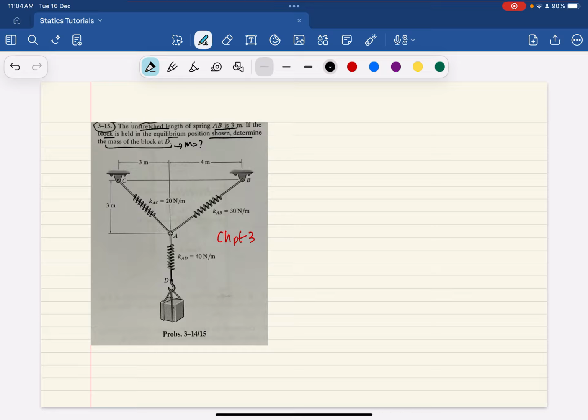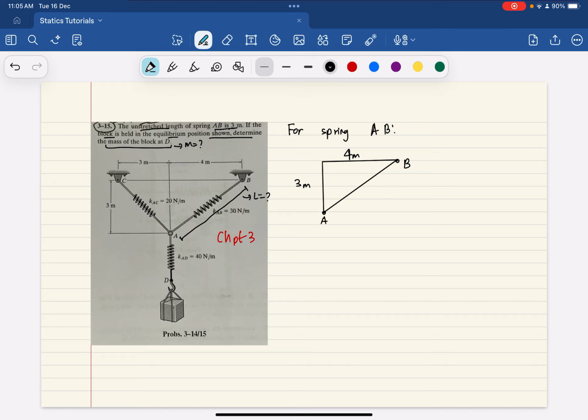The thing is, for the length AB, what is the current length here? How are we going to find the current length of AB? So for spring AB, if we were to just draw this line right here between A and B, we know the vertical height here is 3 meters, and here is 4 meters.